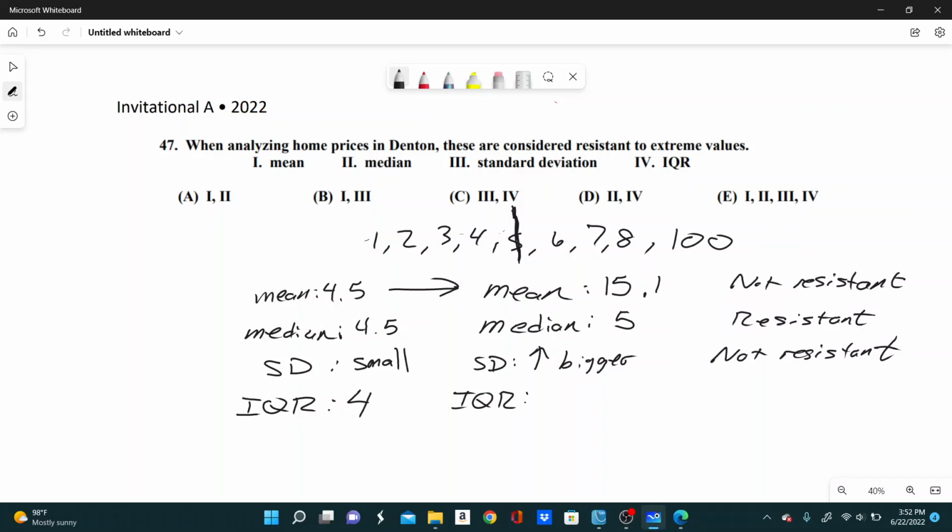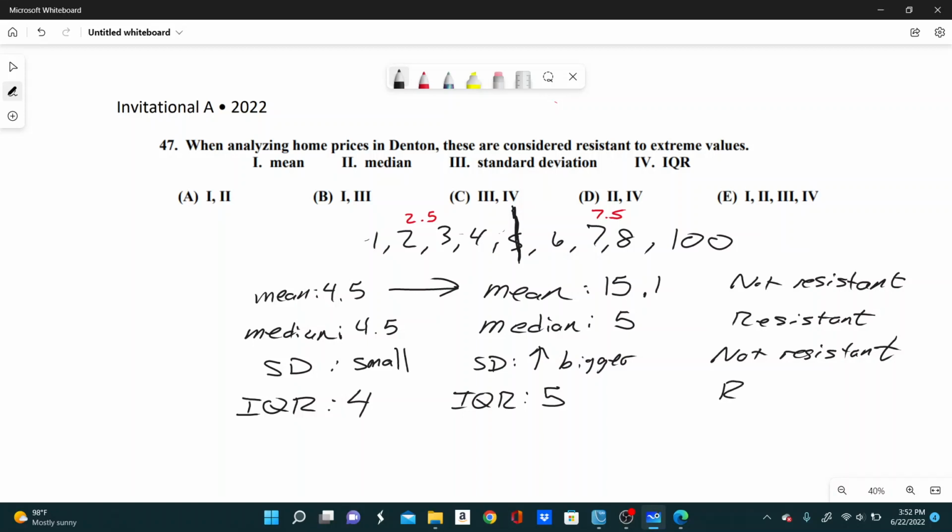The median of that is halfway between 2 and 3, which is 2.5. And for the right-hand side, 6, 7, 8, 100, our median is halfway between 7 and 8, which is 7.5. The distance between 2.5 and 7.5 is just 5. So our IQR, while it did increase, only increased by 1.